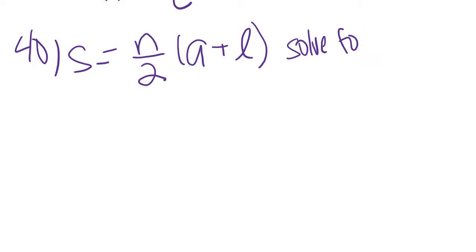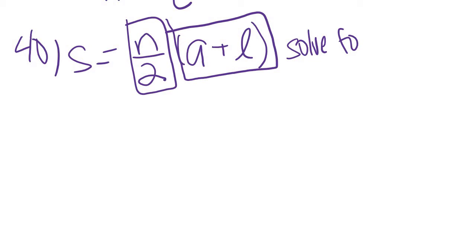So instead, I'm going to look at this as n over 2 times A plus L. So these two are hanging out with multiplication, and I know I can undo multiplication with division.